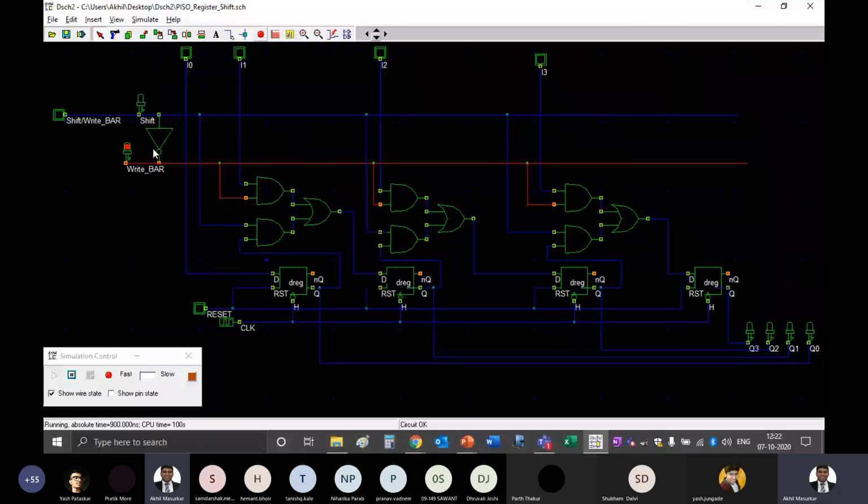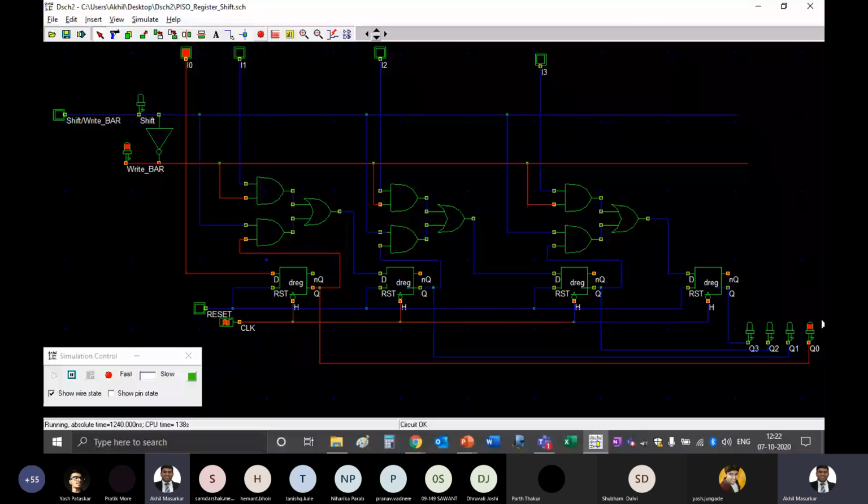Now you can see that when this shift is zero, that means what? Write bar signal is on. So we are now in a position to write something. Write means I want to input the data inside. So you can see I gave here one, and I got one at the output.